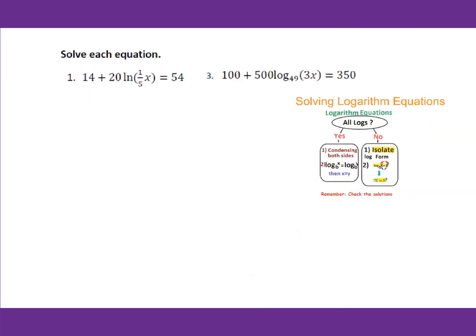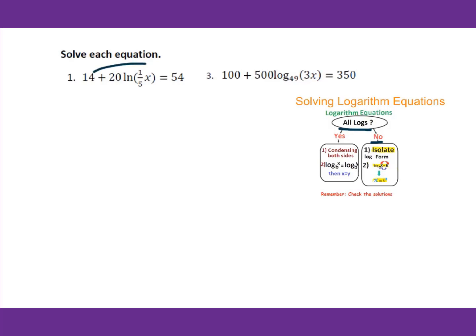Now let's go to one more example. We have 14 plus 20 natural log of 1 over 5x equals 54. We check all logs. No. So move all the log to one side, numbers to the other side.